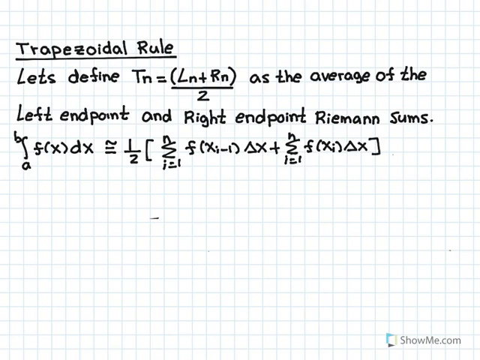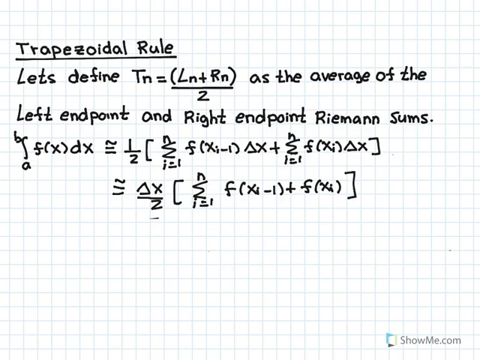And I'm going to factor out the delta x, so we get delta x over 2 times the summation, i goes from 1 to n, of f of x i minus 1 plus f of x i. All right, there it is, and let's bracket this all inside the summation.